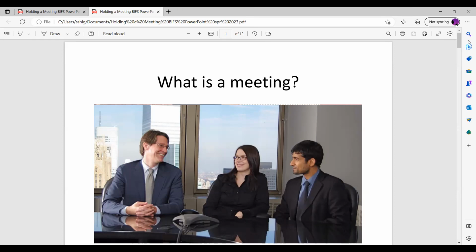Then as it relates to meetings, we may know about some common terms, right? Words like a quorum. We know what a quorum is. We know that that is the minimum number of people we need present at a meeting to make the meeting valid. If we don't have a quorum, then we basically can't have a meeting.